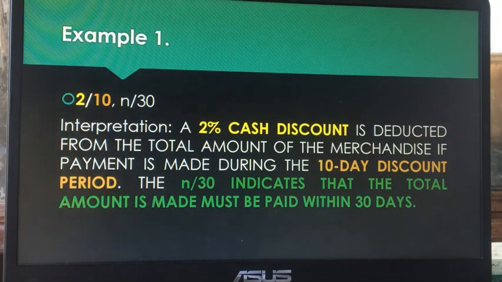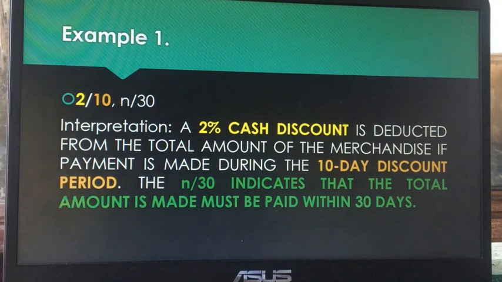Say for example, you purchase the amount on January 1, 2020. So if you paid that in the first 10 days, for example, January 1, January 2, January 3, January 4, January 5, January 6, January 7, January 8, January 9, January 10, and until January 11.